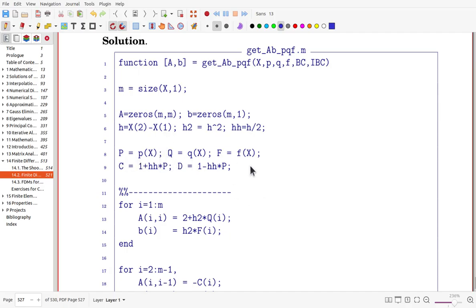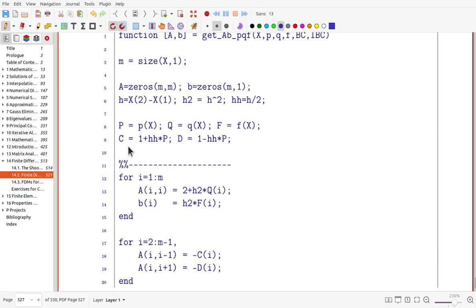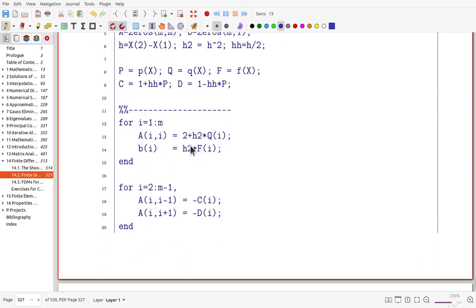Now, after getting the function values, we define C and D in this way, and then we assign lower, upper, and by using C and D, the diagonal and right side.